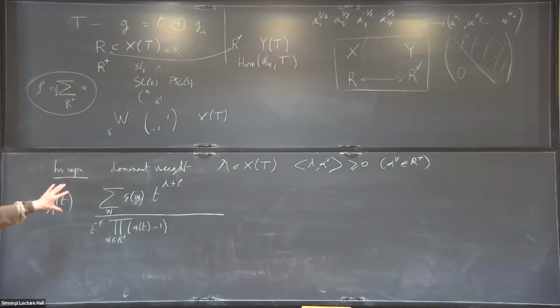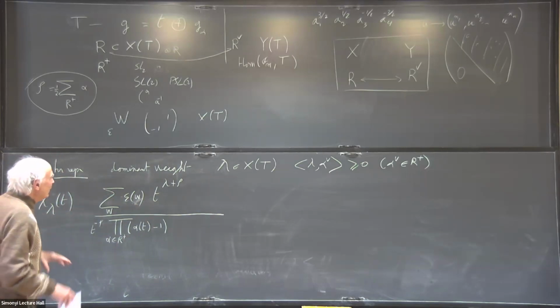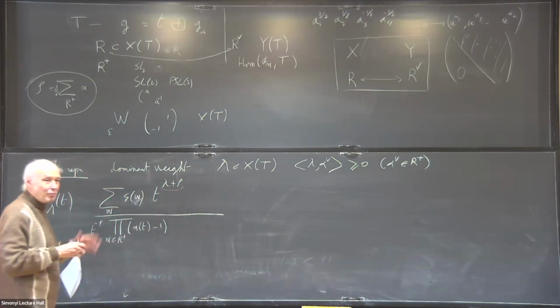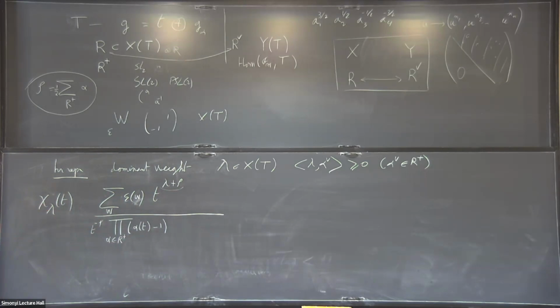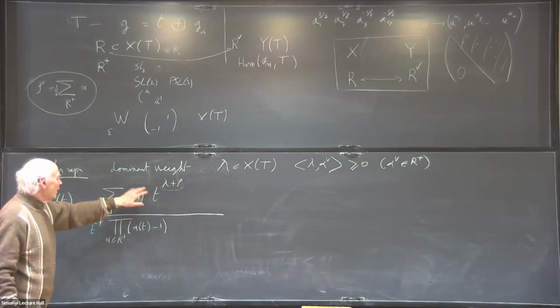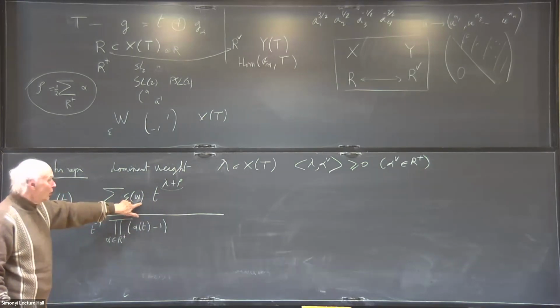So some explanation about the formula. One is that for many purposes, it's nicer to classify the representation in terms of λ plus ρ instead of in terms of the dominant weight λ. Second observation is that you have an alternating sum over the Weyl group.